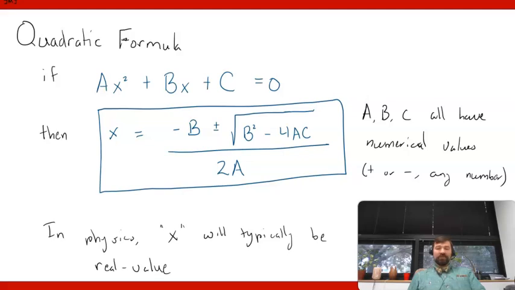And that tends to hold true for a lot, not all, but a lot of physics. If it's an observable quantity, then it will typically have real values. Now, there are some cases where you will get imaginary values in some sense as a place-keeping measure, but that's neither here nor there.